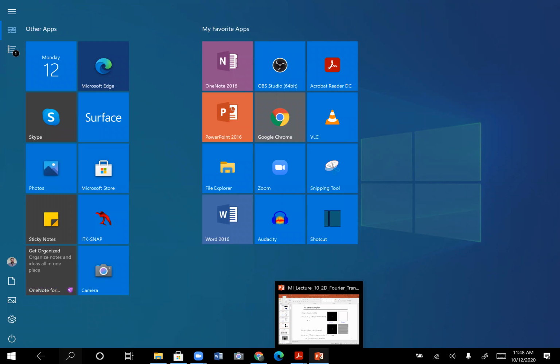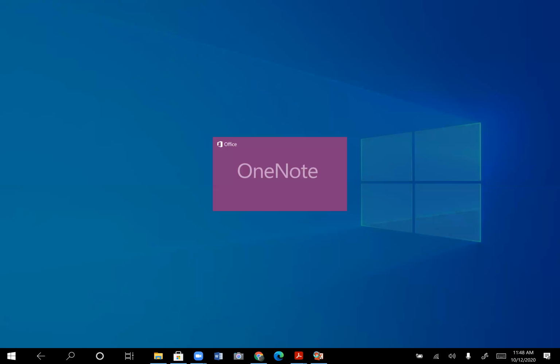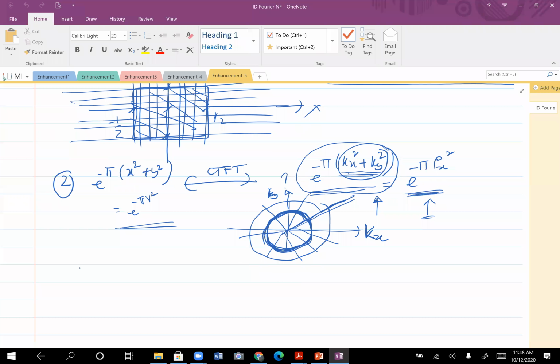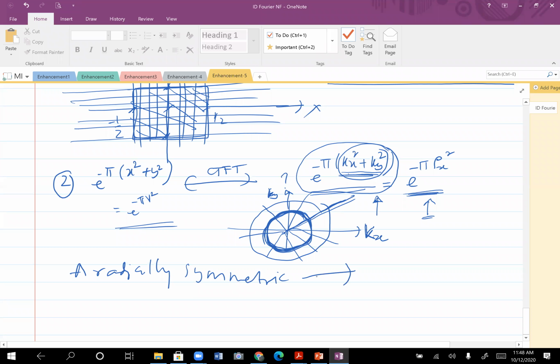You consider r and theta, and only at r you compute that value. That way also you could see it. A radially symmetric function's DTFT or CTFT would also be a radially symmetric function. Is everybody able to see why it is so?